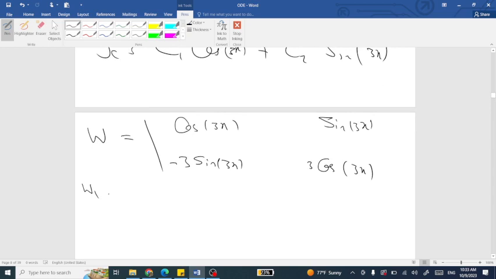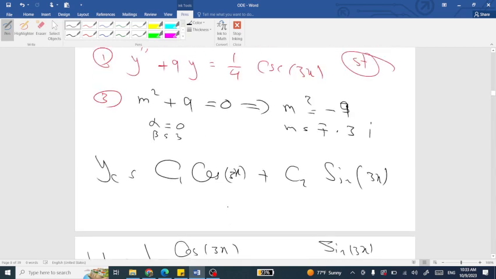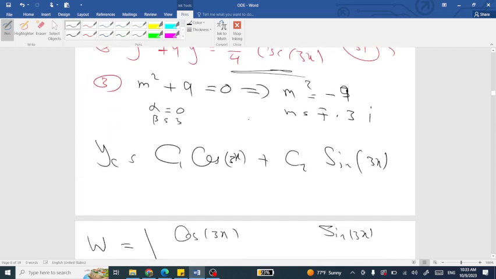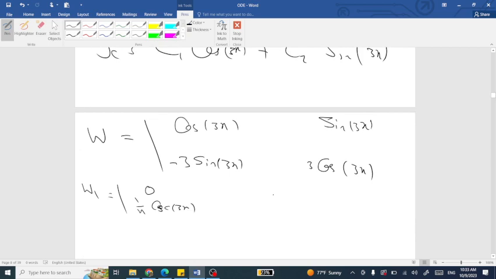W1 is equal to what? 0, 1 over 4 cosecant 3x. Am I right? Maybe you forgot. Why? 1 over 4 cosecant 3x, sine 3x, 3 cosine 3x. Is that clear?